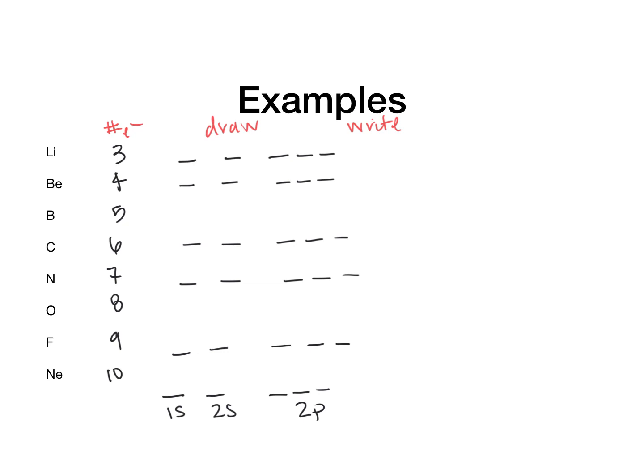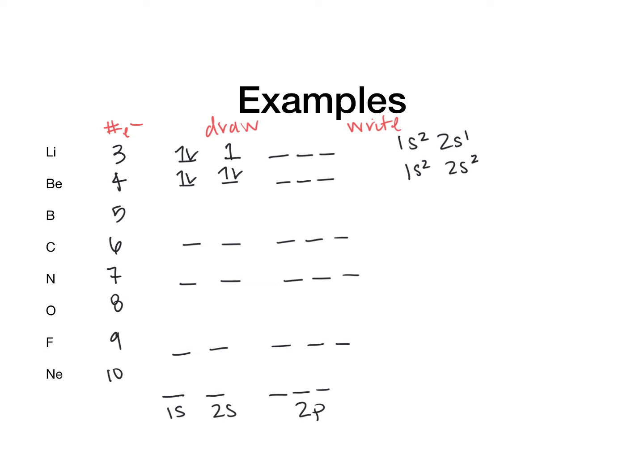We're going to skip some of these, but as we do this, we want to make sure that we fill each orbital completely before we go to the next. So for lithium, it is 1, 2, 3, which is 1s2, 2s1. Basically, this means that for the elements in the first row, we fill up the 1s, then we add 1 to the 2s. Beryllium, 1, 2, 3, 4, 1s2, 2s2.